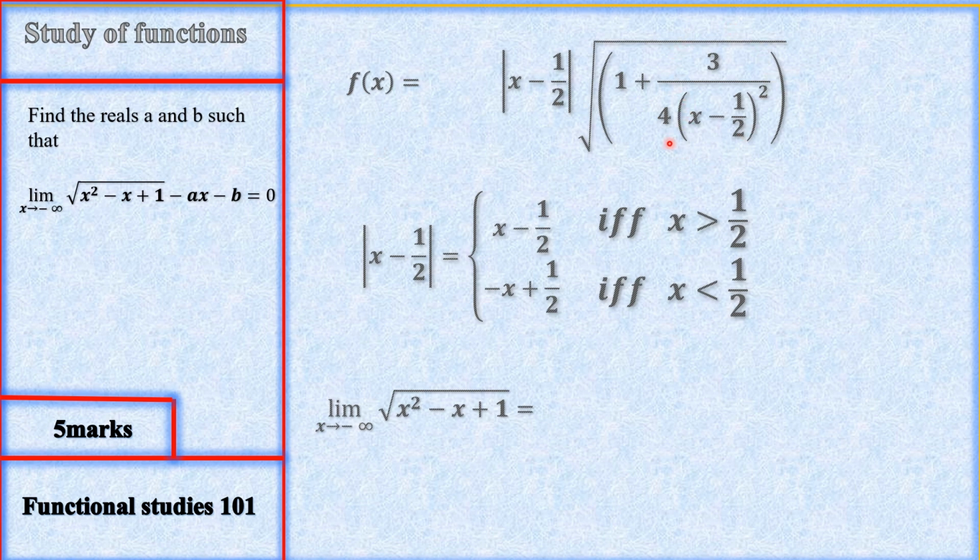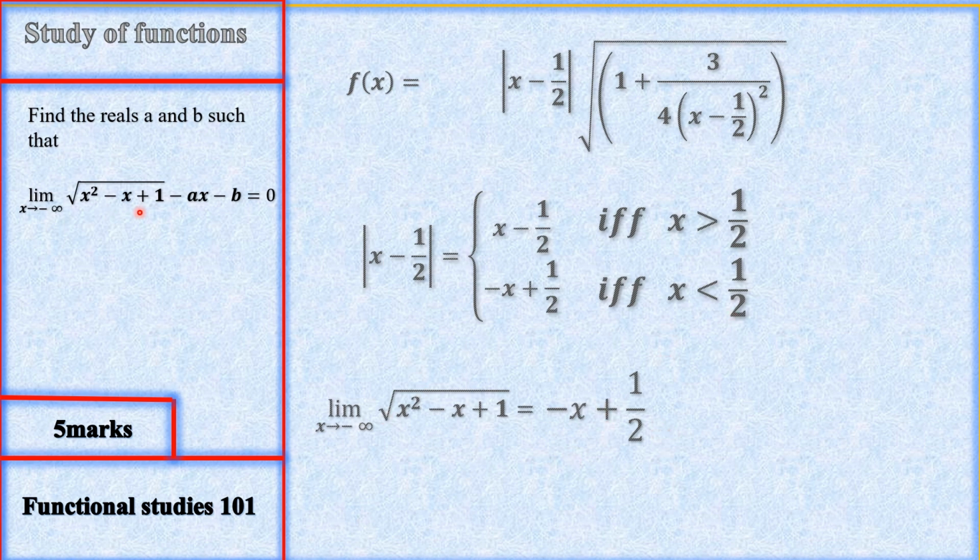So this part of the function approaches 0, and you are left with the square root of 1, which is just 1, times the absolute value of x minus a half. Now at negative infinity, we are in this region, so the absolute value of x minus a half will take negative x plus a half, times the square root of 1, which is 1. So that will give me negative x plus a half. That's the limit of this part.